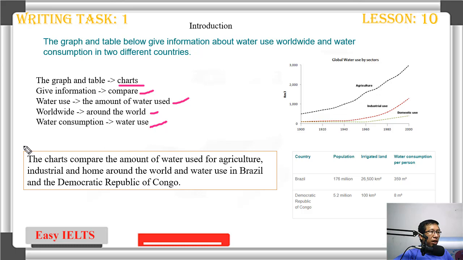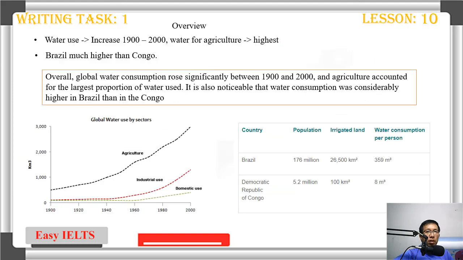Okay, so we got the introduction. The chart compares the amount of water used for agriculture, industry, and home around the world, and water use in Brazil and Congo. Okay, so this is the introduction.